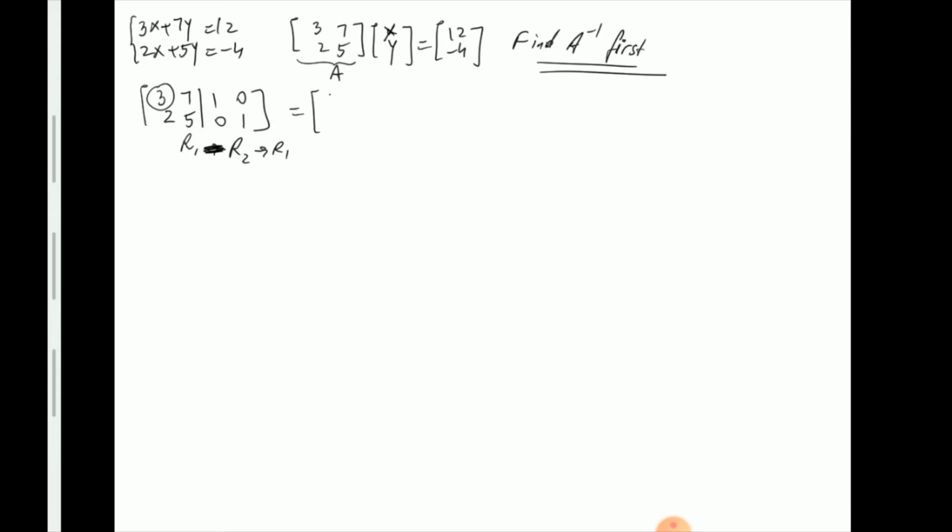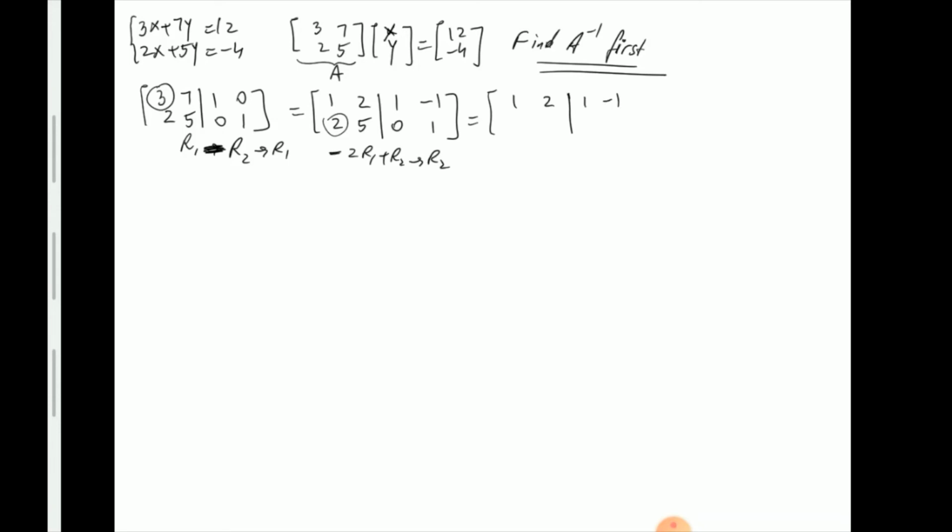So we have 3 minus 2, 7 minus 5, which is 2, 1 minus 0, 0 minus 1. That gives 1, 2, 1, minus 1. Then we need to produce 0 instead of 2 below the leading 1. So we do minus 2 row 1 plus row 2 and replace row 2.